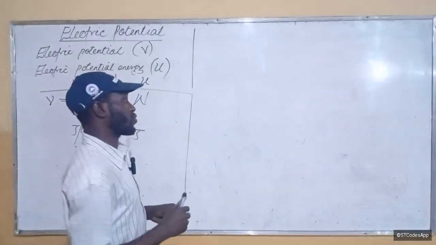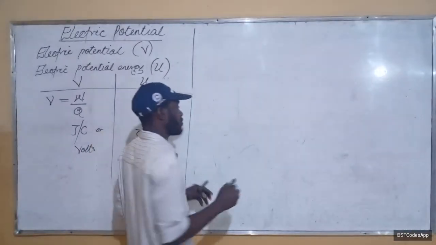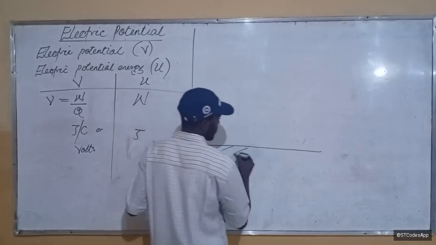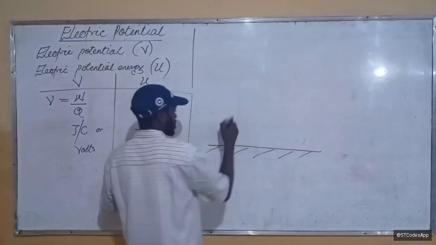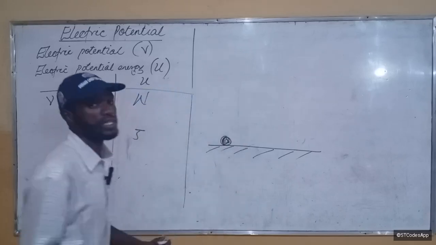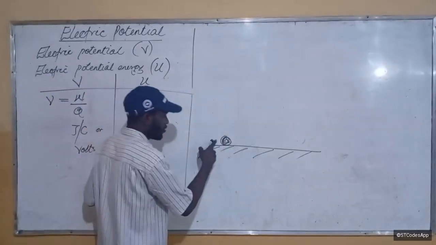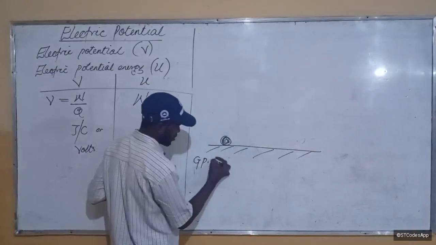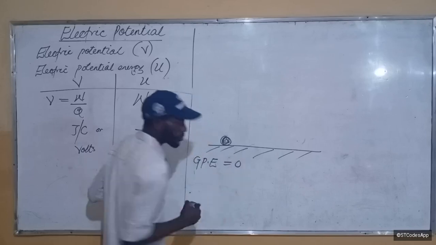Let me ask you first, where is the direction of the gravitational field of the Earth? If this is our ground, the Earth's surface, any object on the ground has a gravitational potential energy of zero.